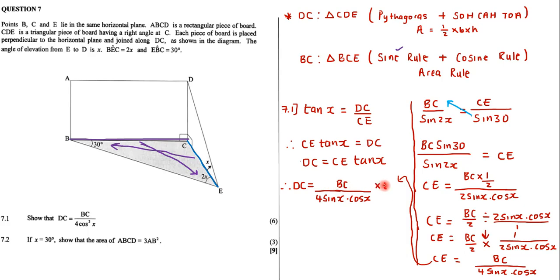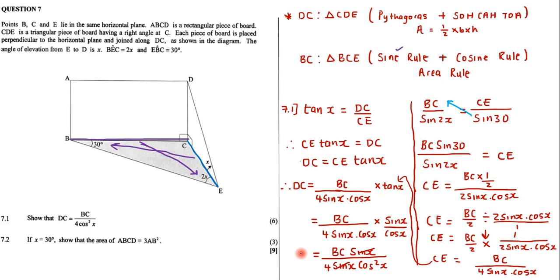Now this is times tan x, right? Now what is tan x? If you remember, tan x is sine x over cos x. Now here I have 4 sine x times cos x. Now when I multiply everything out here, it gives me BC sine x over 4 sine x times cos x times cos x, which gives me cos squared x.